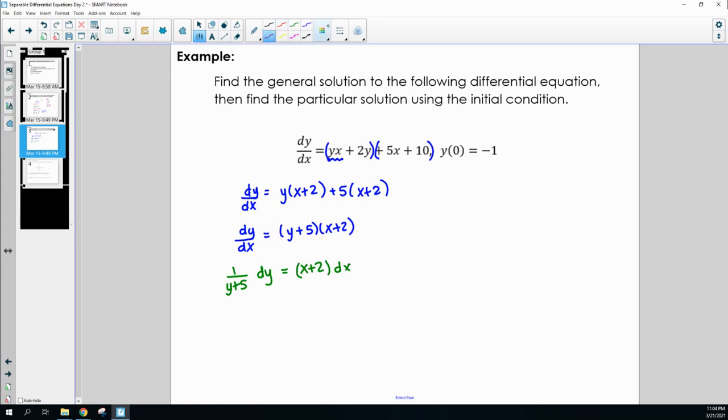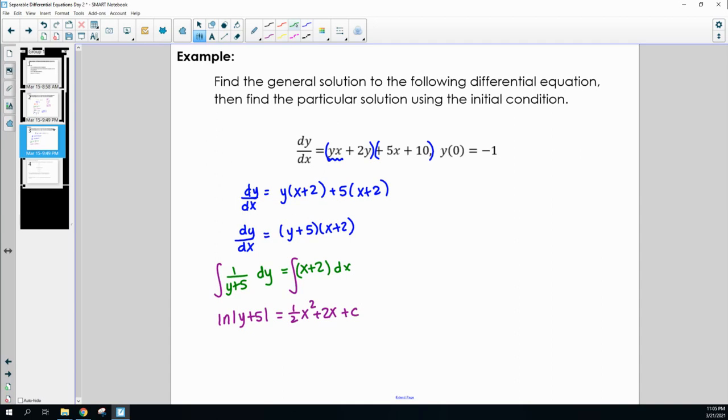Okay, so from here, again, take the antiderivative, so integral of both sides. The integral of 1 over y plus 5 dy, that's going to be ln, absolute value of y plus 5. On the right-hand side, we're going to get 1/2 x squared plus 2x, and then plus c.